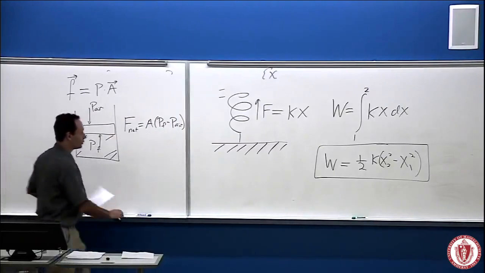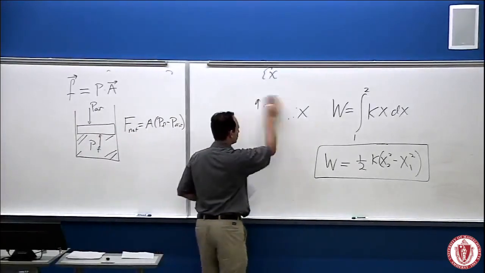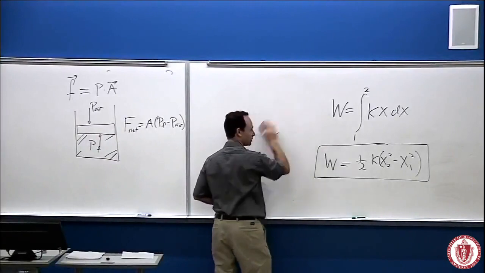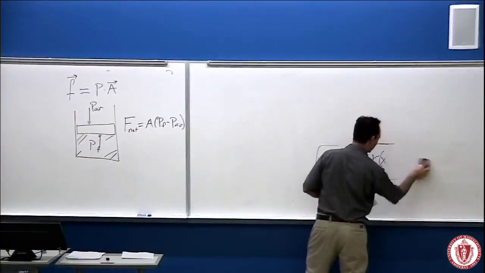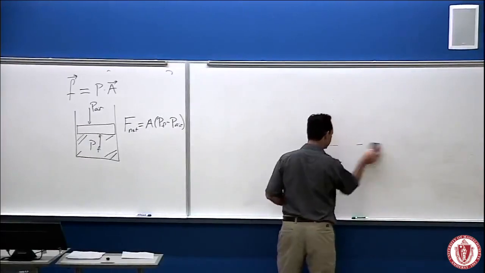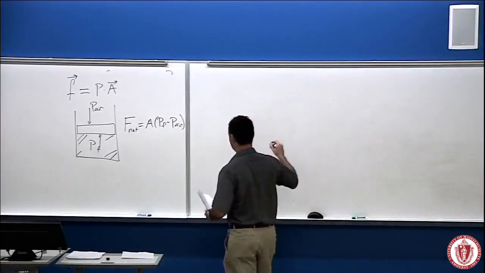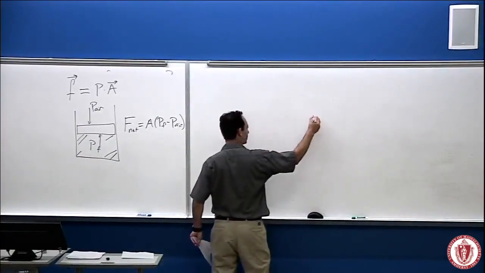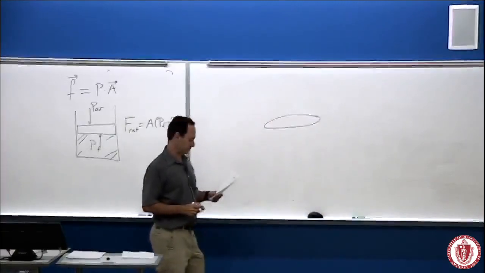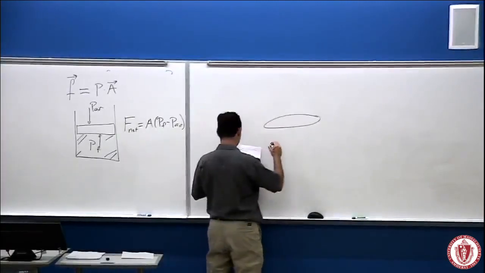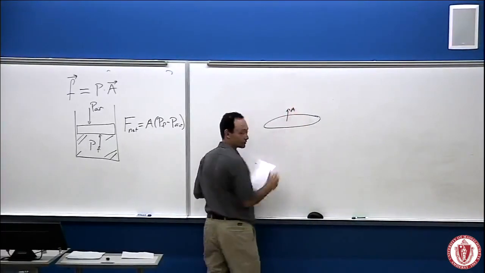Now, we understand that work is a force times a displacement. But let's look at what happens here to displacement. Let's say our piston, and it's got a roughly circular face. It's got some area A, this little vector.